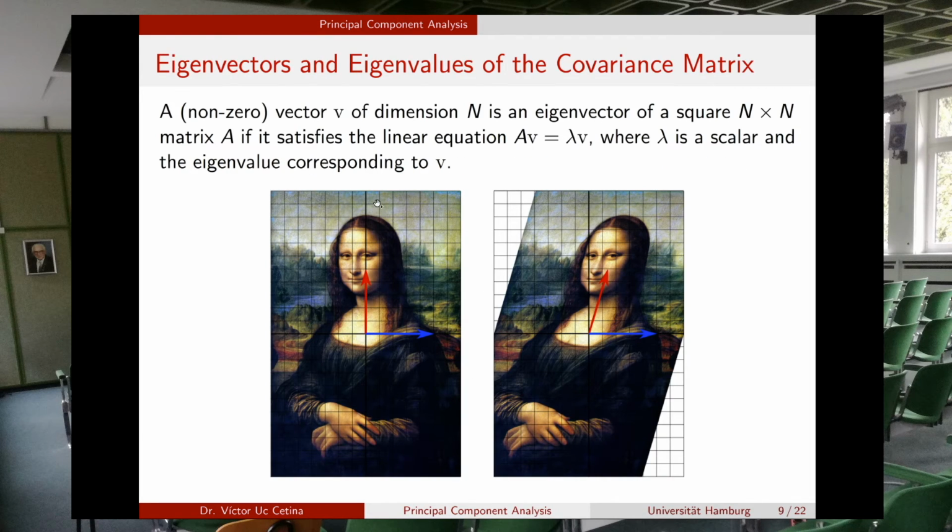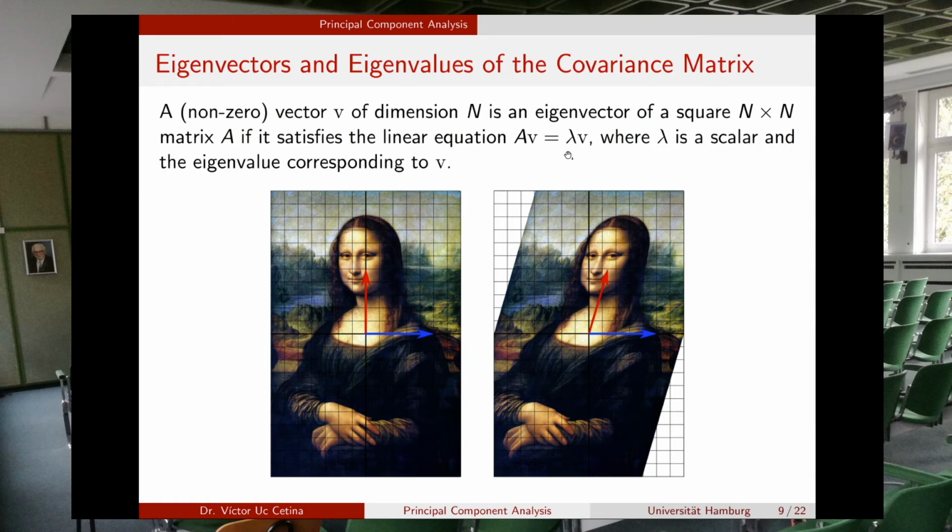So what is an eigenvector and an eigenvalue? A non-zero vector v of dimension n will be considered an eigenvector of a square matrix n by n if it satisfies the linear equation A times v equals lambda v, where lambda is a scalar, and the corresponding eigenvalue to v.